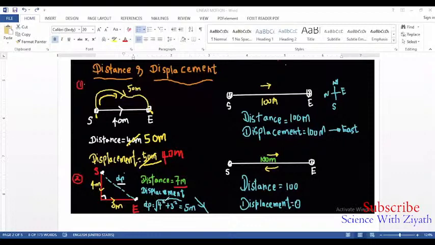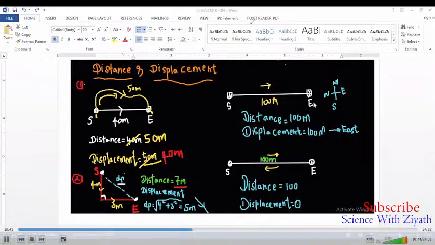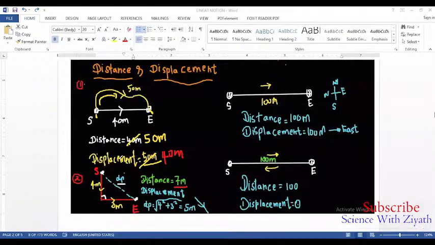And when you give this displacement, if they give a direction and ask for it, you should give the direction. How do we find the direction here? Look at this one, how I am finding it.